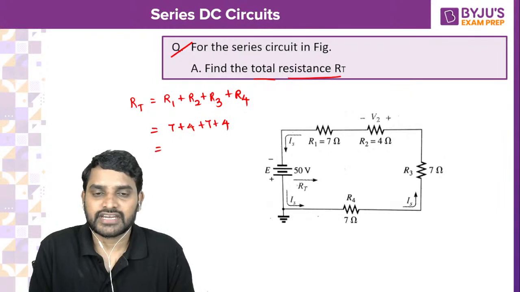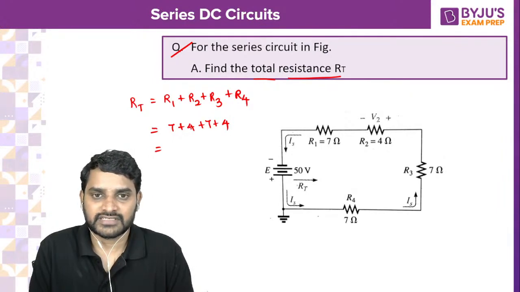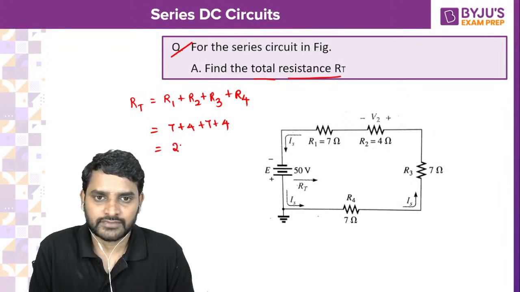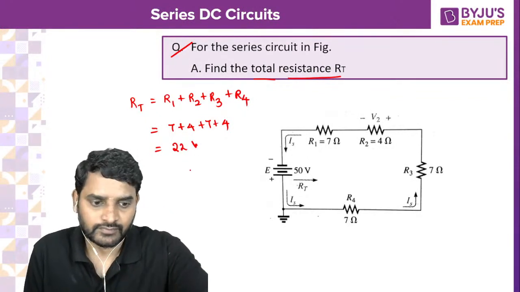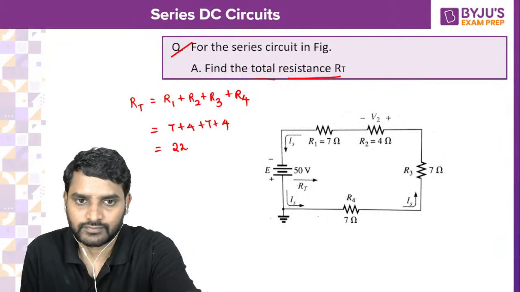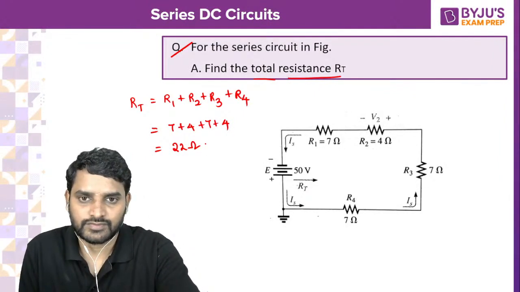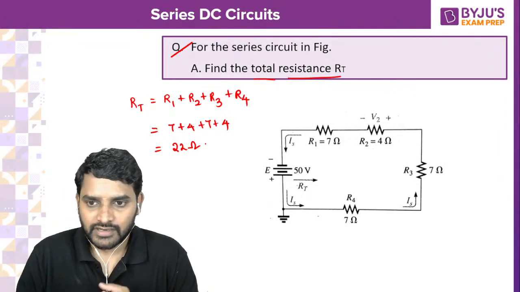So you are going to get 14 plus 8, which is 22 ohms. Right. Is it 122 or 22?